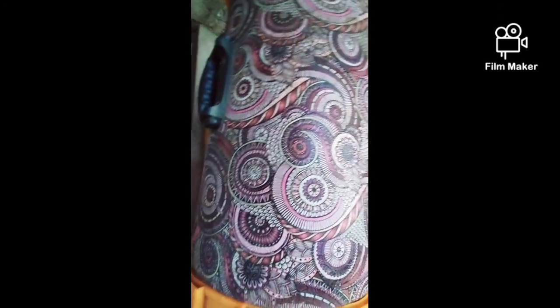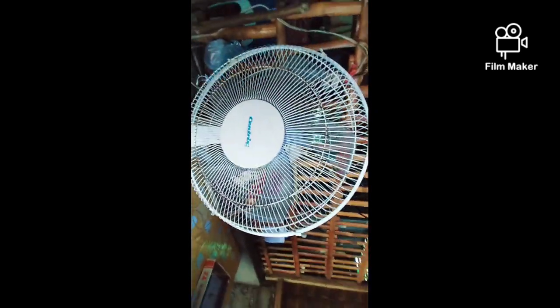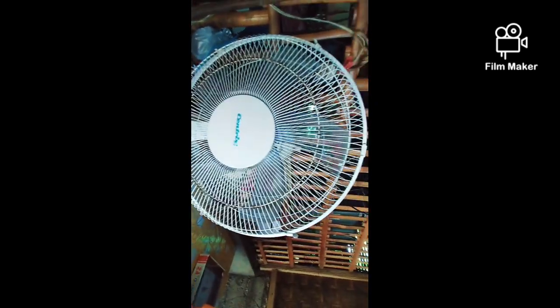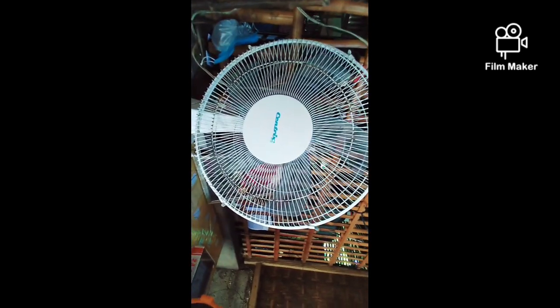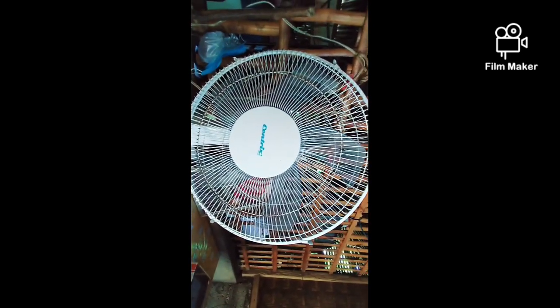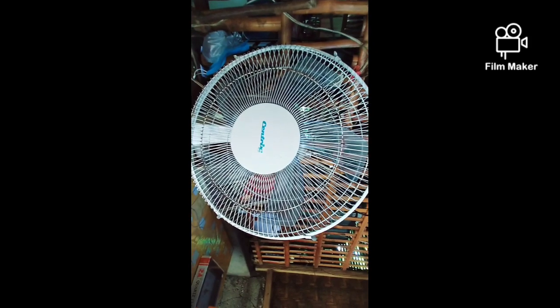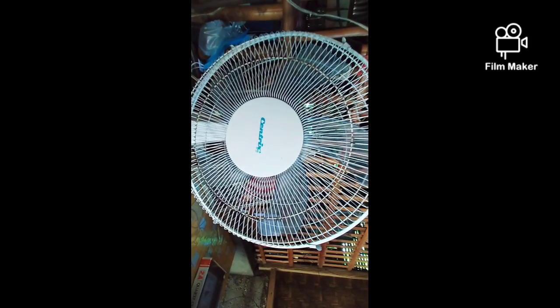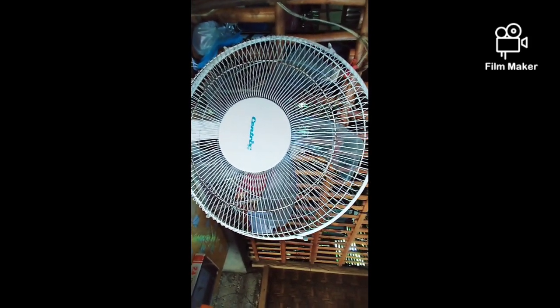And then the last is the cover of the electric fan. So that's all the examples of the spiral pattern.